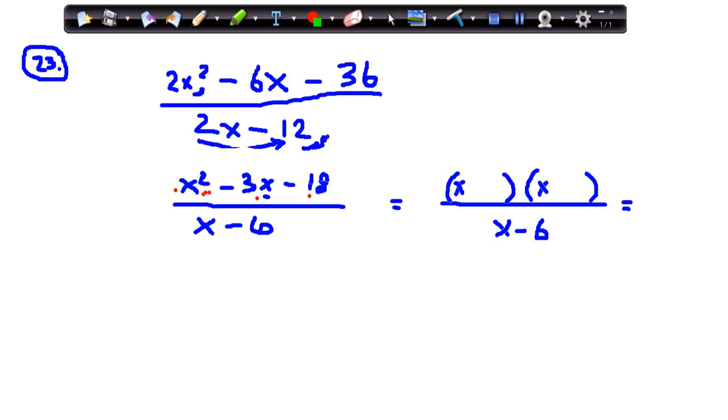Now, when I multiply those same two numbers, it must give me the last term, which is a negative 18. I know it sounds confusing, but don't worry. Remember, we're going to illustrate it, and you can rewind it as much as you need.